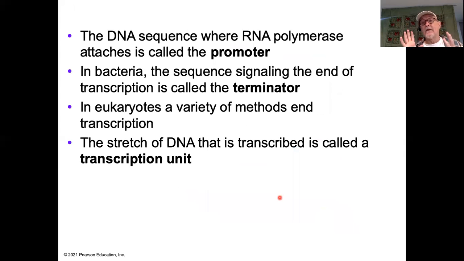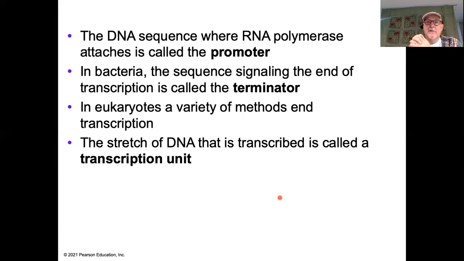Okay, so the first thing to realize is that the RNA polymerase has to attach to the DNA, and it does so in a region upstream called the promoter. And there are some important little sequences in there, which tell the various proteins and enzymes, this is where you need to attach.